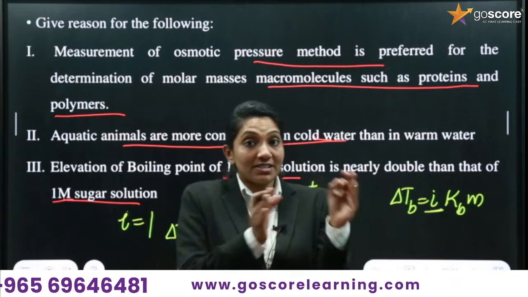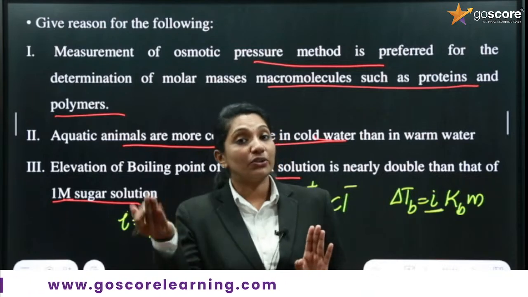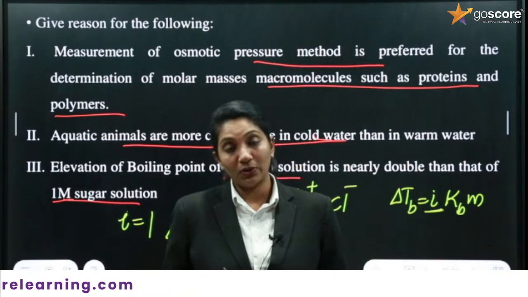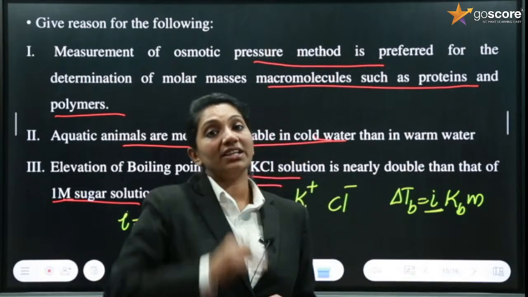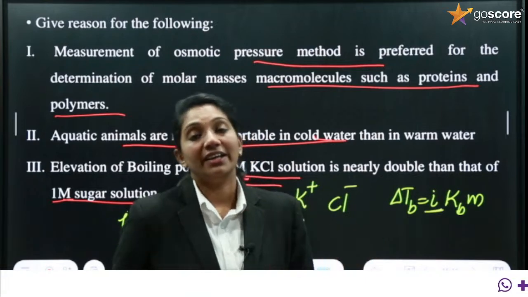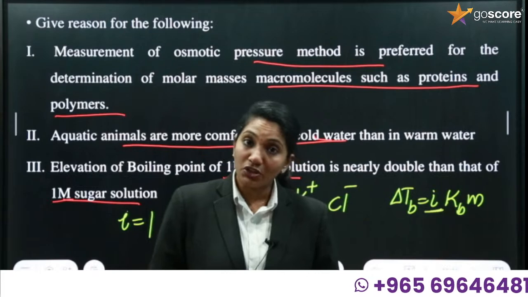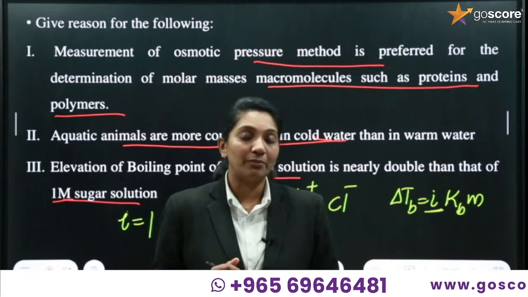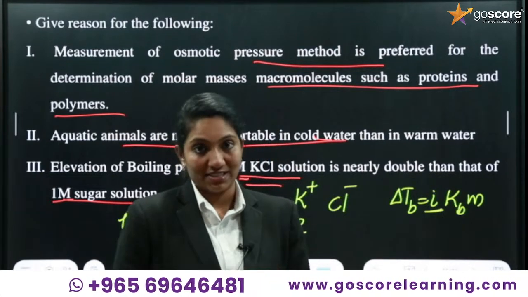In Raoult's law we discussed the ideal solution and non-ideal solution, that is, the solutions which obey Raoult's law and the solutions which do not obey it. In non-ideal solutions there are 2 categories we learned: positive deviation and negative deviation from Raoult's law. And also we discussed the azeotropes, minimum boiling and maximum boiling azeotropes, right?